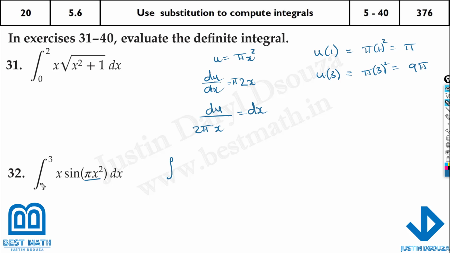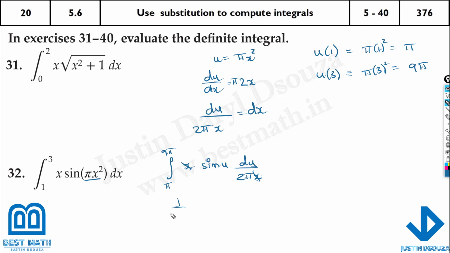I hope you remember you can directly solve these definite integrals on the calculator. You can type this out as it is and you'll get the answer. But since it's a written exam, I'm solving it by writing. Now the new limits are pi and 9 pi, and x sine u dx becomes sine u du by 2 pi x. x and x cancel. What is remaining?